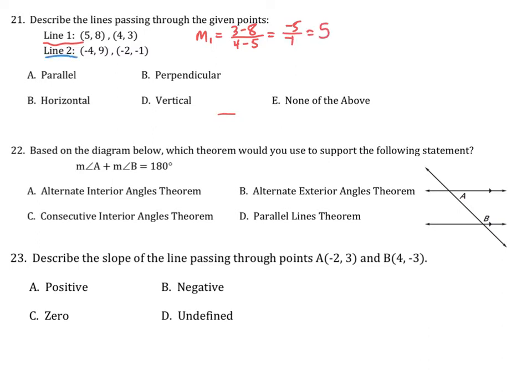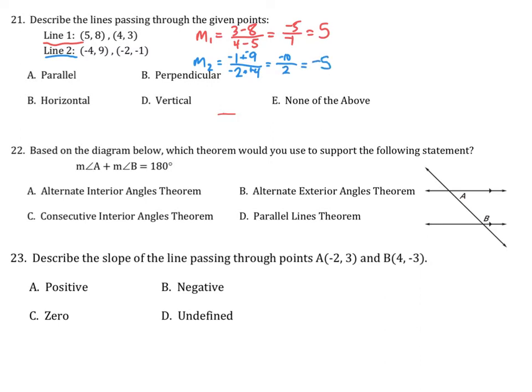And the slope of line 2 is going to be negative 1 minus 9 over negative 2 minus negative 4. If I add the opposite, that's going to be negative 10 over a positive 2, which means the answer will be negative 5.